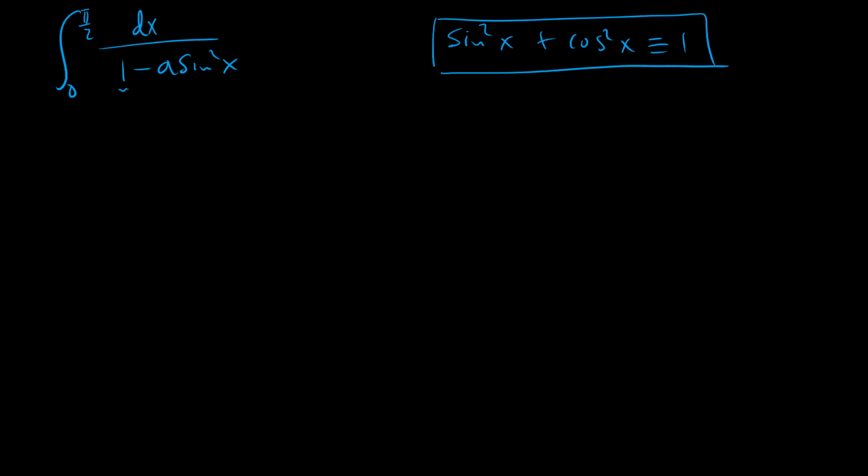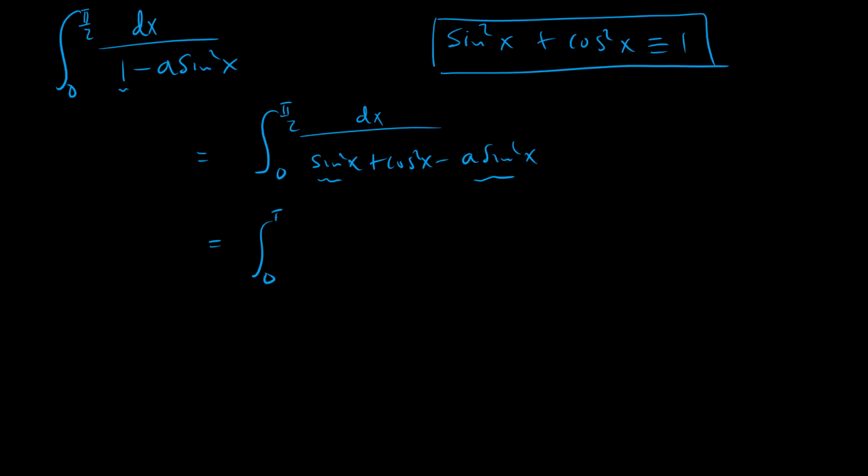So this problem will be equal to the integral shown here. And then what do we get next? We can bring this and this together. So we have the integral from 0 to pi over 2 of 1 over 1 minus a times sine squared x plus cosine squared x.